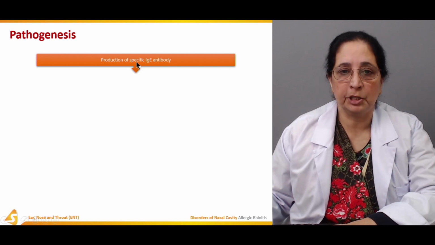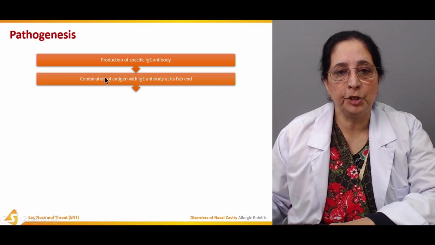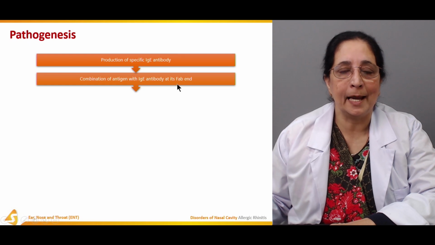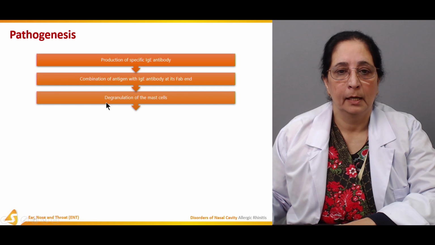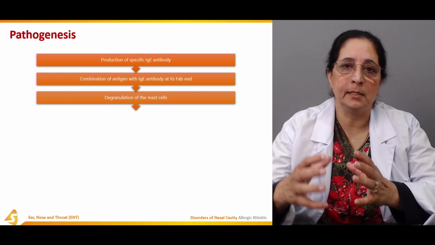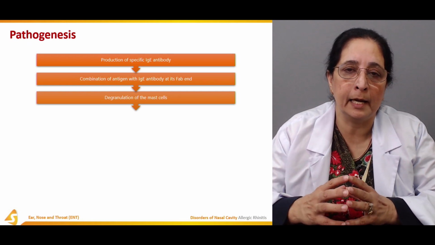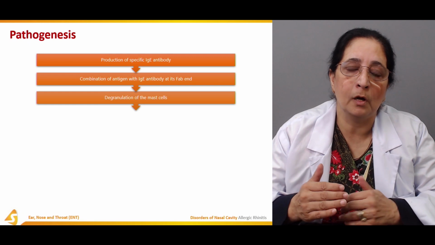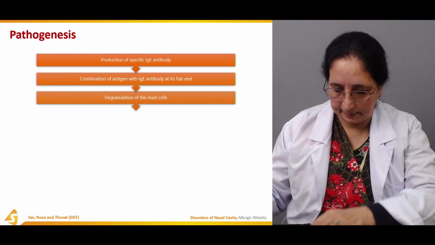Then there is combination of antigen with IgE antibody at its Fab, causing degranulation of the mast cell. So once antigen and antibody combine at the Fab, this causes degranulation of the mast cells.